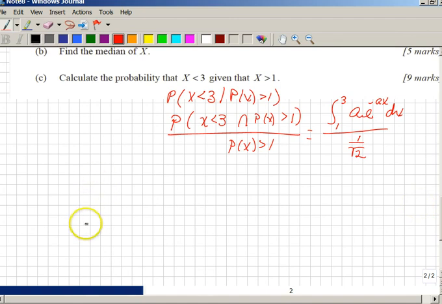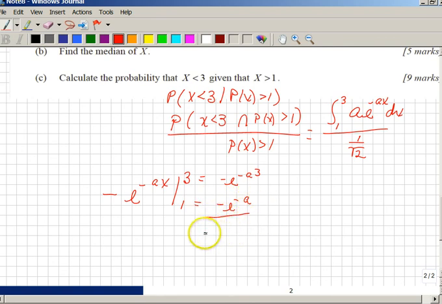So again, we've done that integral a few times. It's going to be negative e to the negative ax, and we're going to evaluate it from 1 up to 3. So subbing 3 in, we get negative e to the negative a times 3, and subbing 1 in, we get negative e to the negative 1a, and we're going to subtract those.